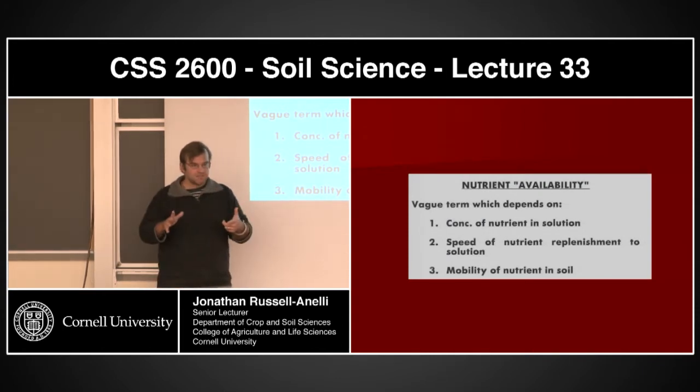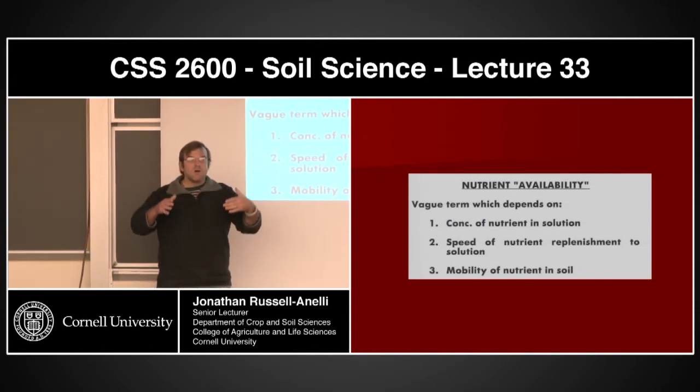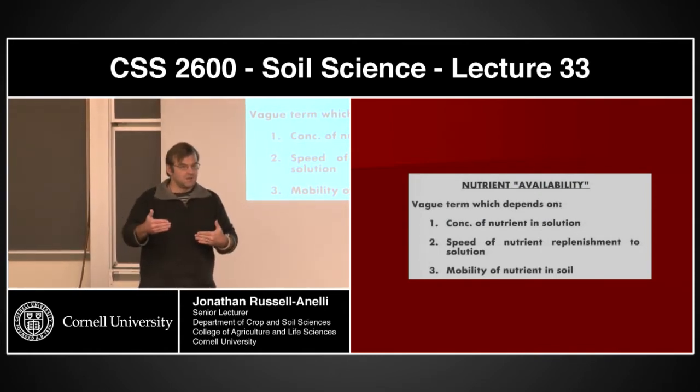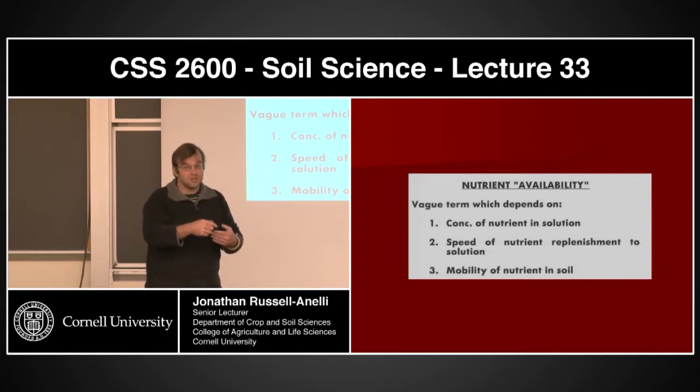Does that make sense? Now, for me to be able to give you that type of information, I can't strictly depend upon a test alone. I need to have some sort of understanding about what kind of plants you're growing, because I need to know what their lifestyle is, but also their ability to extract stuff.